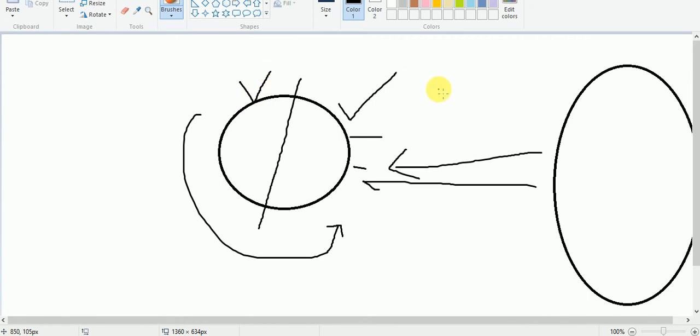So because of the geoid shape of the Earth and the rotation of the Earth on its own axis, we find variation in the amount of insolation in a day. We get sunlight on half of the Earth, and on the other half we don't find sunlight. So in this way, because of rotation, there is variation in the amount of insolation.